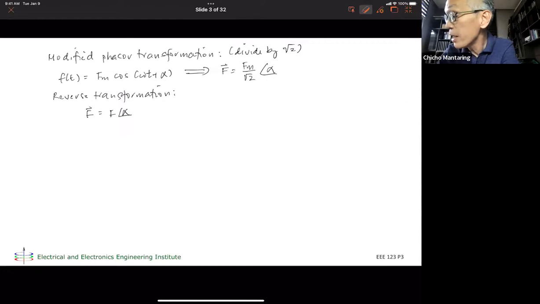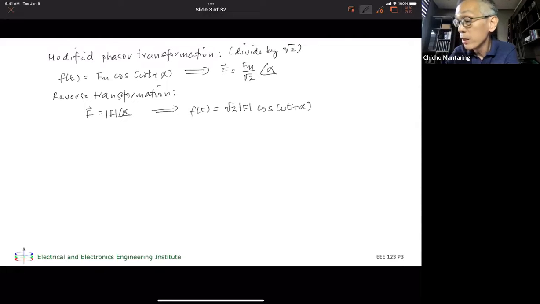This is now the magnitude of F at an angle alpha. Then my reverse transformation is f of t will now be the square root of 2 times the magnitude of F cosine omega t plus alpha. So in the transformation, we divide by the square root of 2. In the reverse transformation, we multiply by the square root of 2.